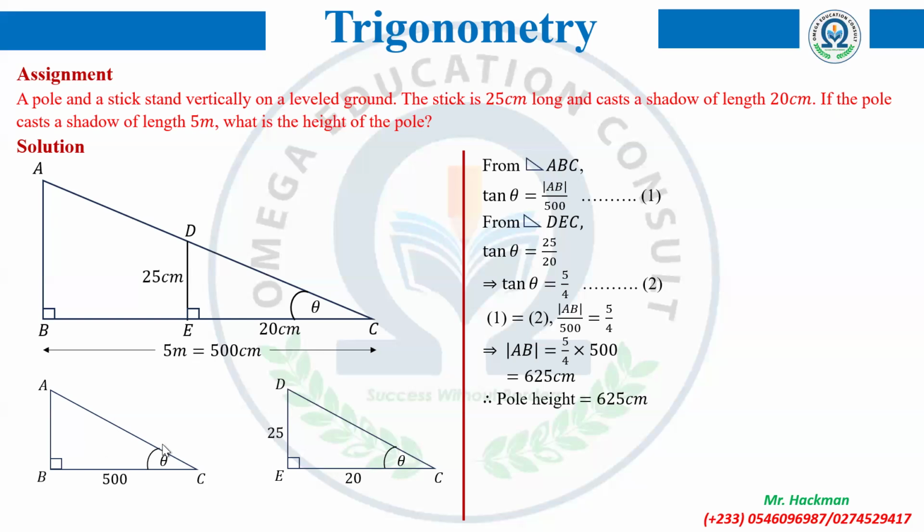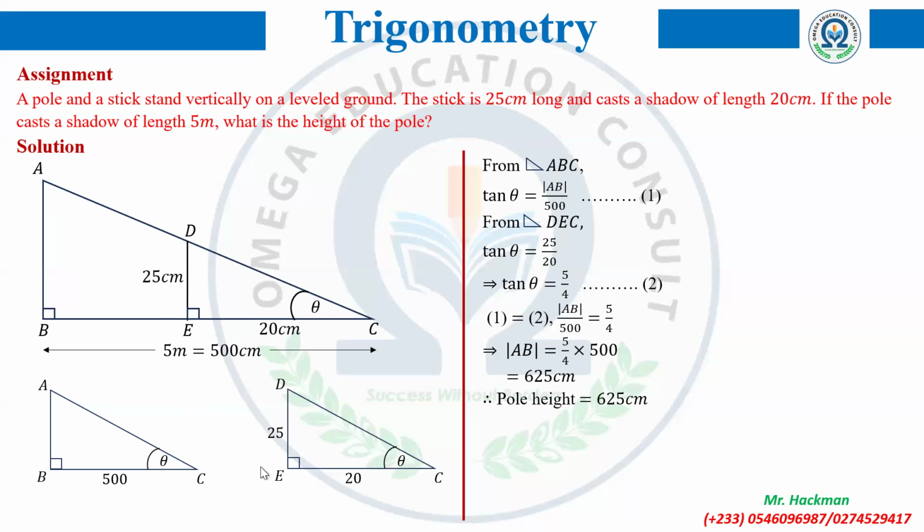Under normal circumstances, you are supposed to use enlargement and similar figures. But because we are treating this under trig, I want us to use the trig concept, which at a point will lead us to the enlargement and similar figures concept.